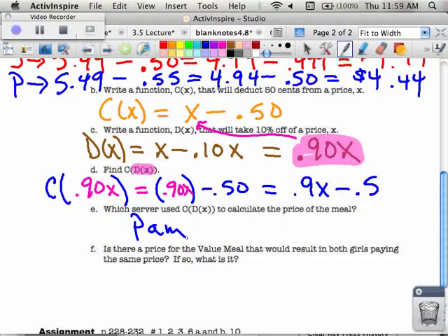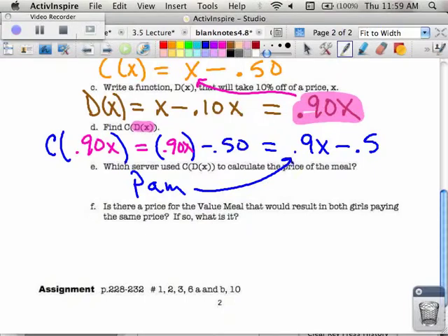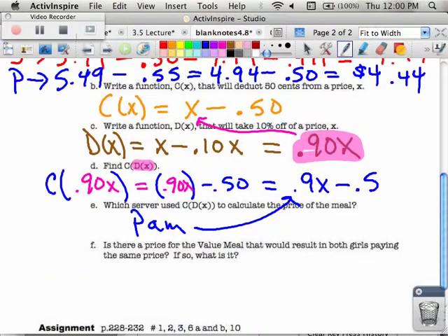And is there a price for this value meal that will result in the girls paying the same price? So we know what Pam's thing looks like when we do the composition of functions. Probably what I should also do is look at what Jennifer had. So if I look at Jennifer's, hers would be in the reverse order. Or in other words, instead of being the c of d of x, it would be the d of c of x. So if I look at d of c of x, what this means is this time I'm going to put the c of x stuff in the d function.